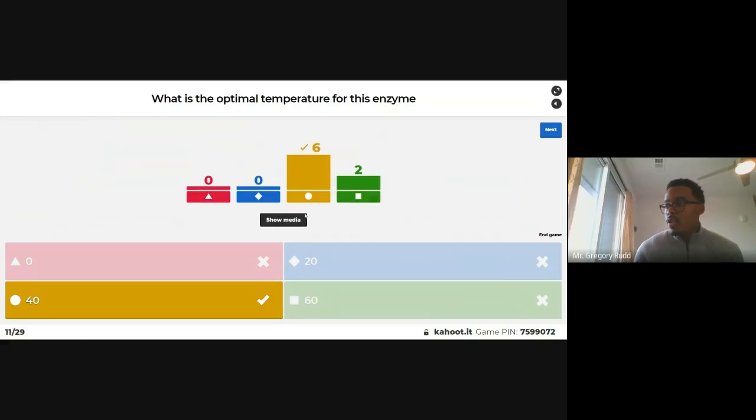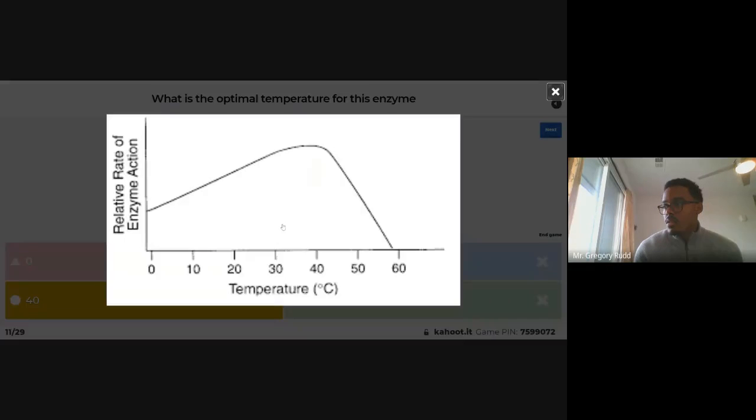So the media, show media. Let's see. We can see that the highest point in the graph is always where the optimal temperature, in this case, and in some cases pH, will be reported. So the curve is at its highest right here, and that corresponds with 40 degrees Celsius.